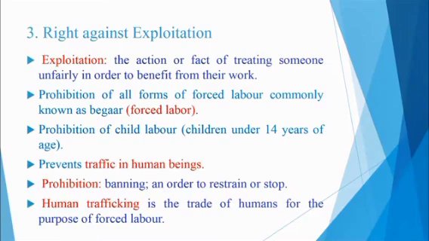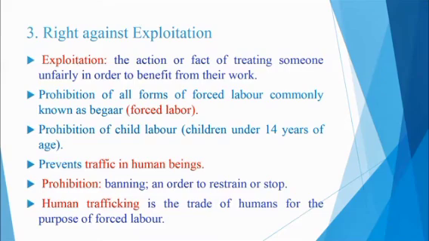The third point is that it prevents traffic in human beings. Here, traffic refers to human trafficking. So what is meant by human trafficking? Human trafficking is the trade of humans for the purpose of forced labor.